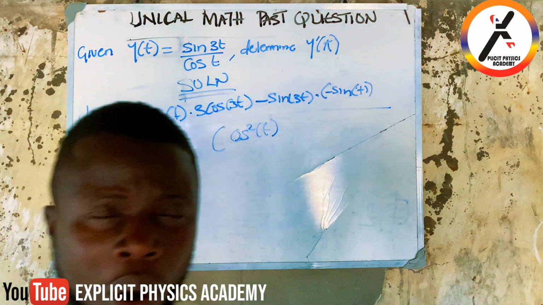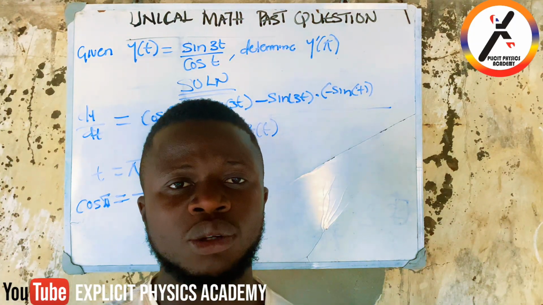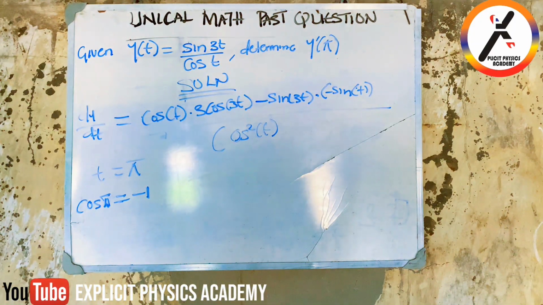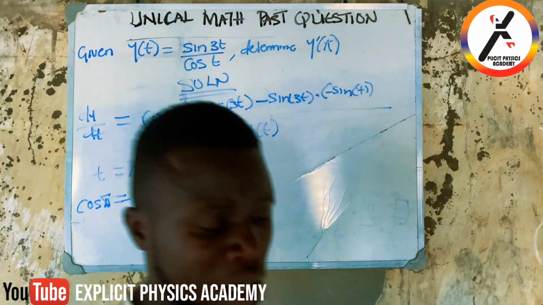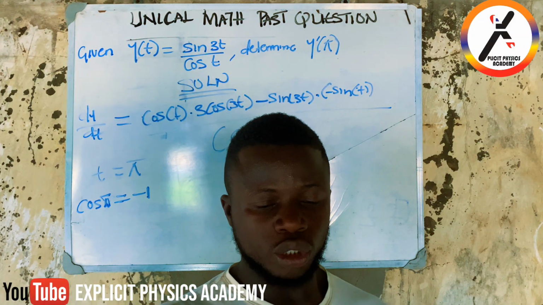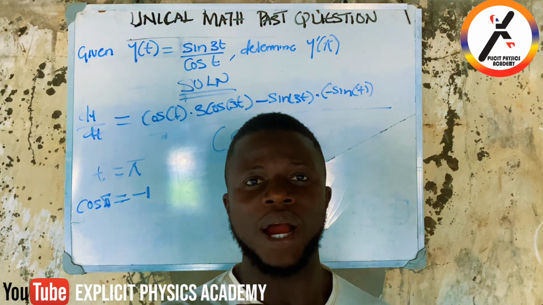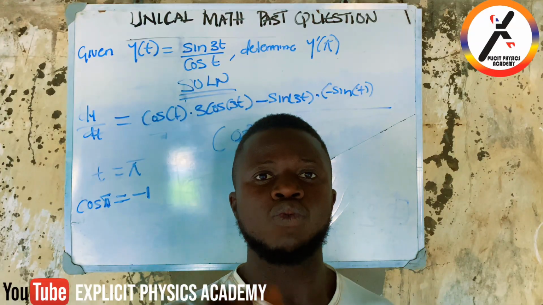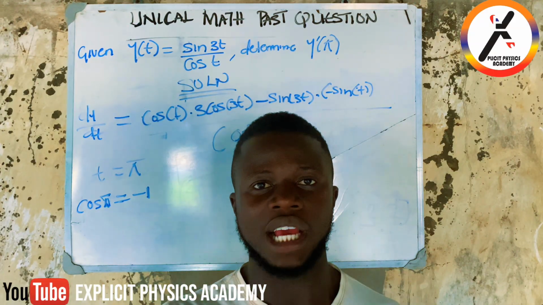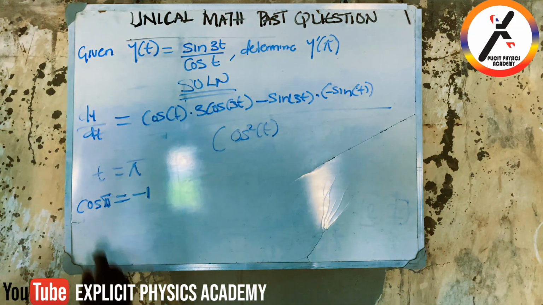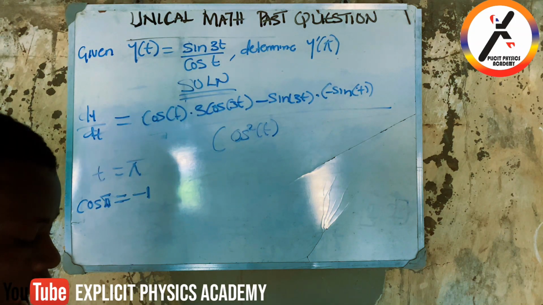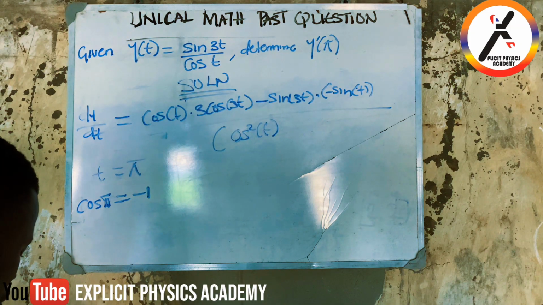Pi is given a value of 180 in a circle, it's half a circle. So t equal to pi, cos pi is equal to minus 1. We're going to check that on the calculator right now. If you do cos 180, you will have minus 1 from our calculator.